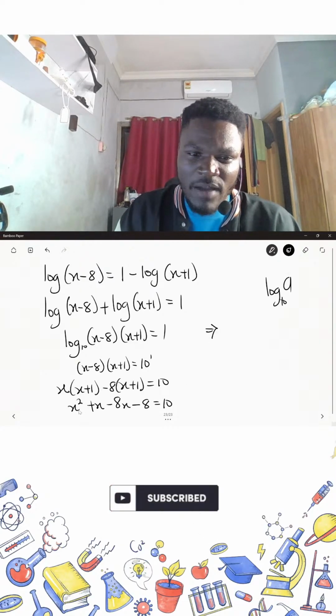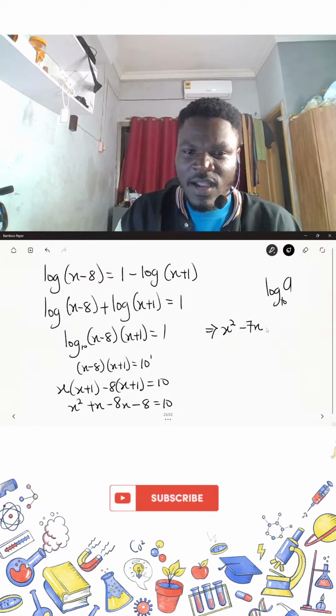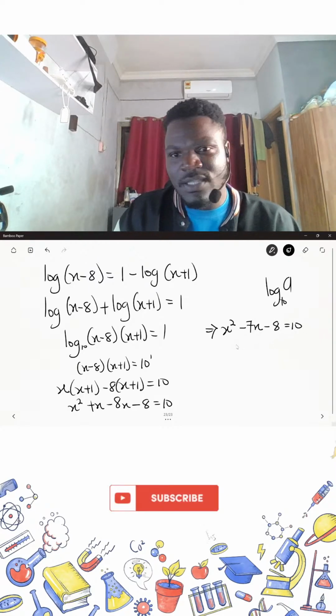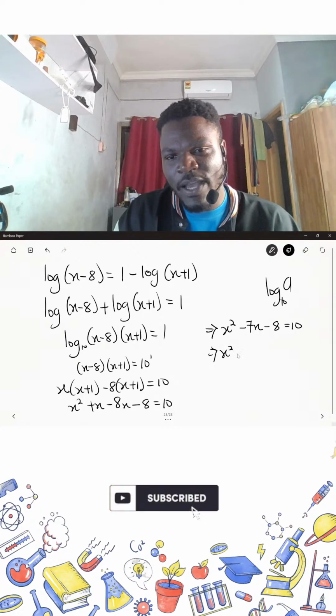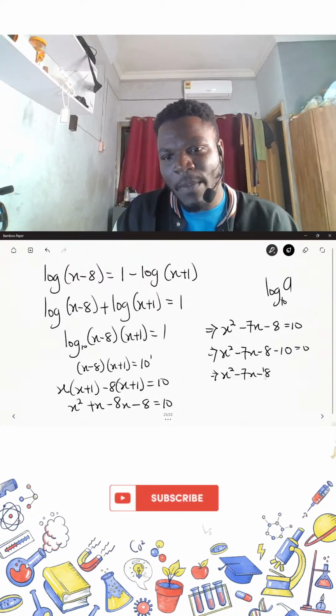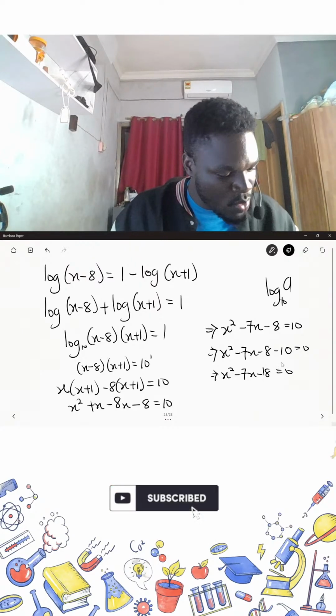So x minus 8x will give me minus 7x, and then here I have minus 8, and this is equal to 10. So I'll bring the 10 to this side of the equal to sign. So I'll have x squared minus 7x minus 8 minus 10 equal to 0. So I have x squared minus 7x, and minus 8 minus 10 will become minus 18, is equal to 0.